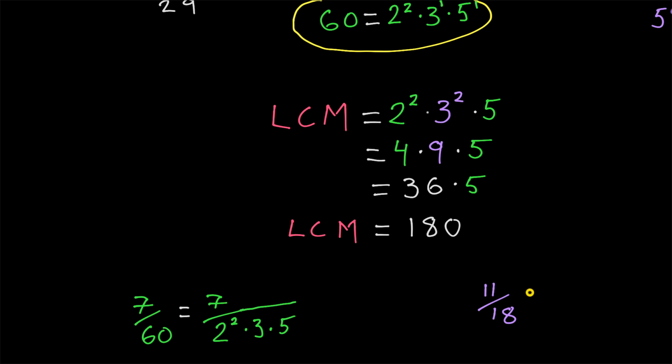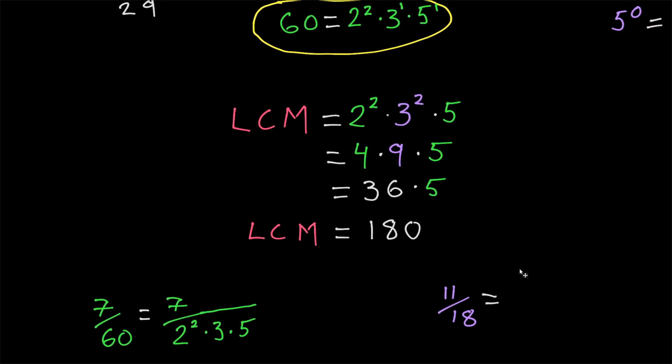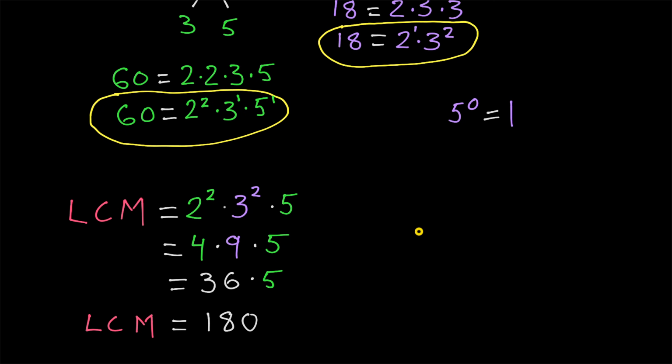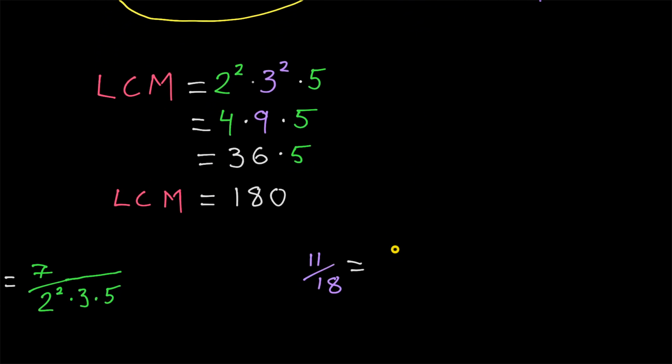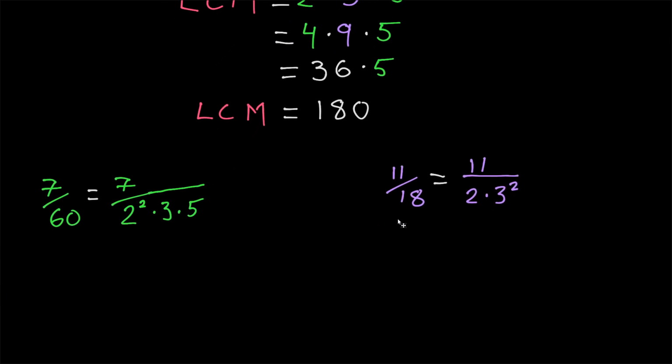And then, if you recall, this fraction over here, or rather 18, is just equal to 2 times 3 squared. So this fraction over here is equal to 11 over 2 times 3 squared. Okay?